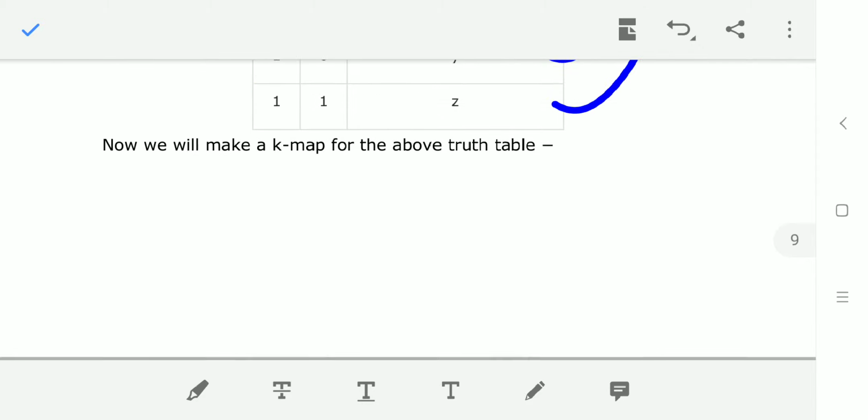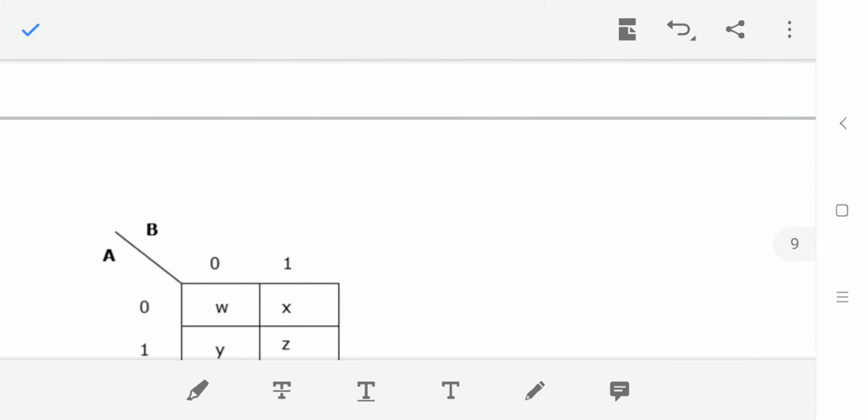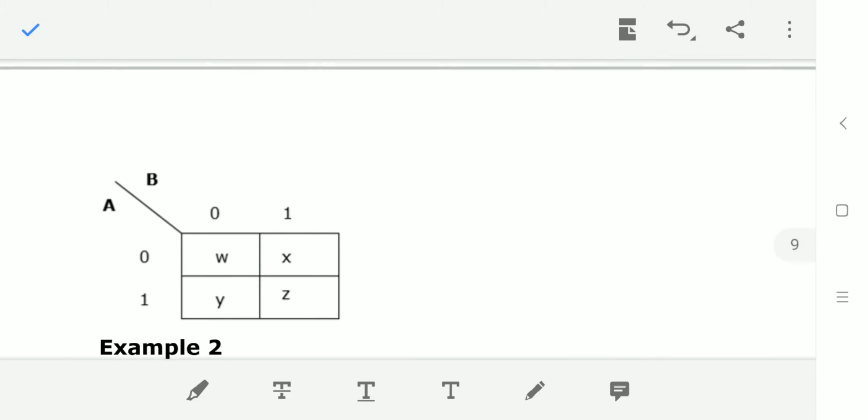देखिए कैसे बनाते हैं. This is the A and B, 0, 1, 0, 1.